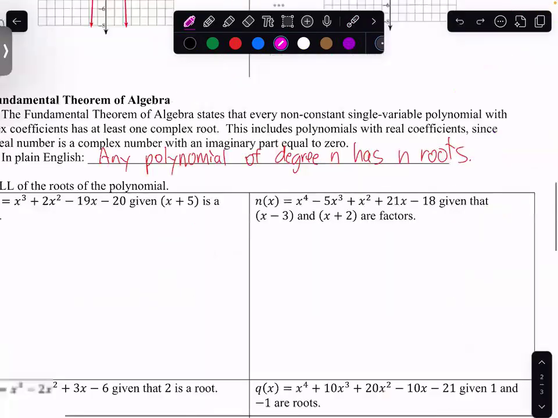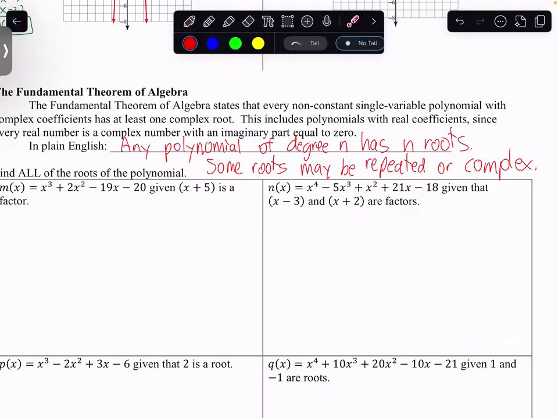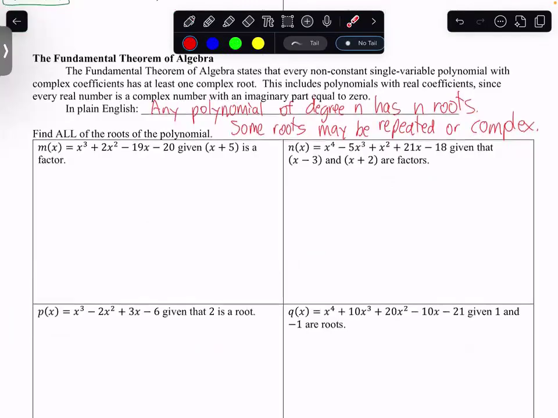What we need to know here is that some roots may be repeated or complex. Okay, so our last goal for this handout is to be able to find all the roots of a polynomial in standard form.